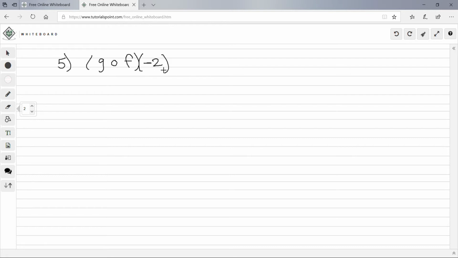Basically it's putting a function inside another function. When you're doing this problem, you always start on the right-hand side. So first, we have to find f of negative 2.